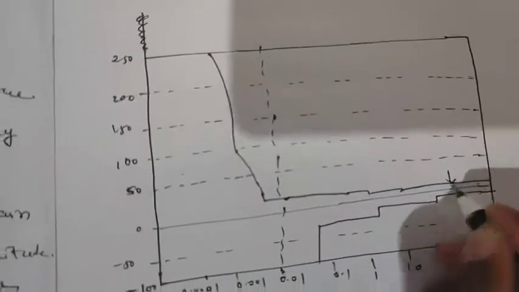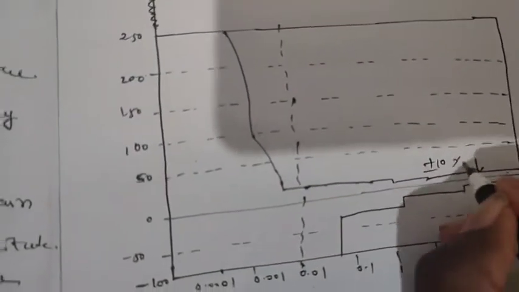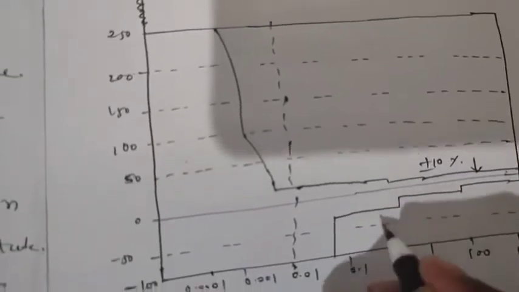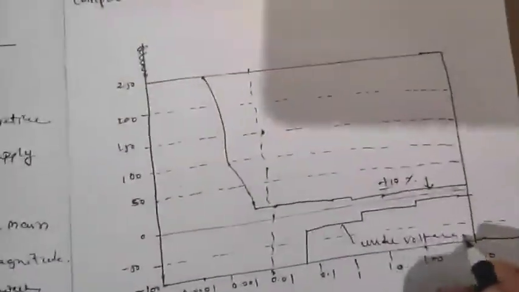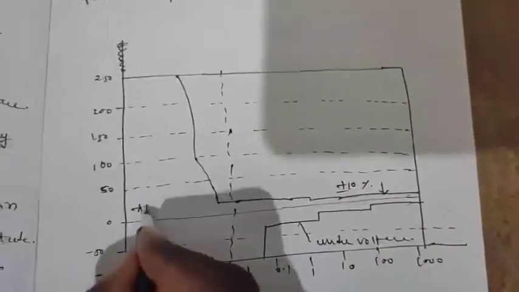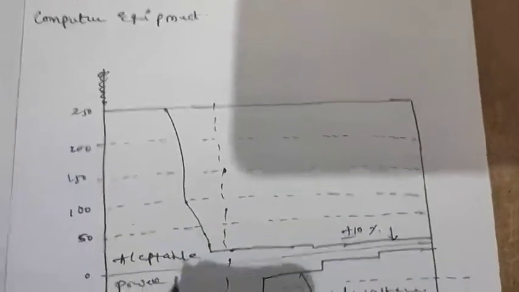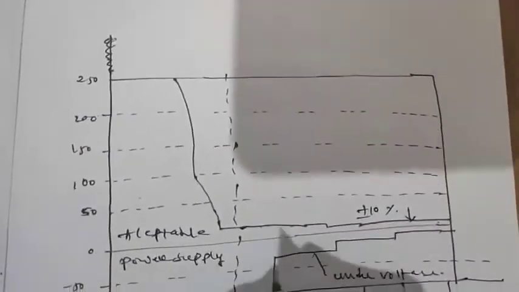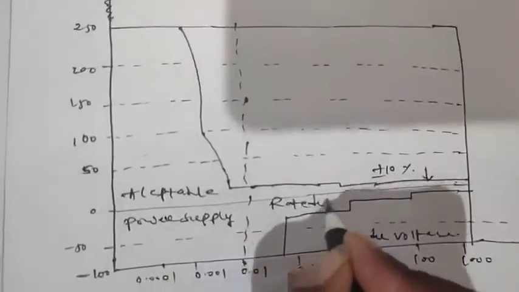Here during this time we have plus or minus 10% tolerance. This is the case for under voltage. This is the acceptable power supply. This is the rated voltage.